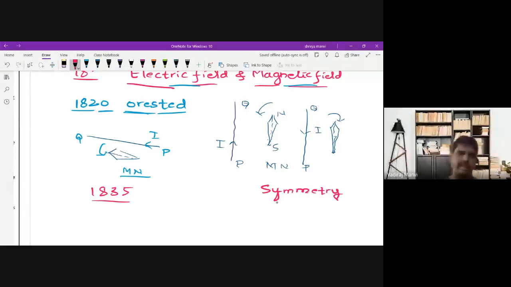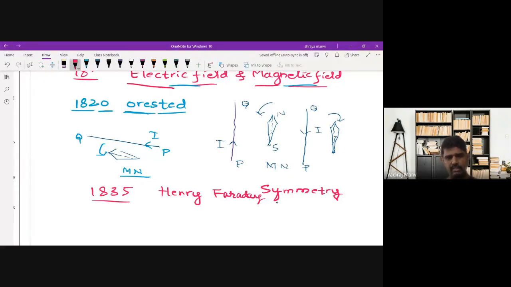See, in 1820, Oersted experimentally showed that a conductor carrying current can create a magnetic field. In 1835, two scientists, Joseph Henry and Michael Faraday, proved the opposite of this. Opposite means they showed that a change in magnetic field can create an electric field.